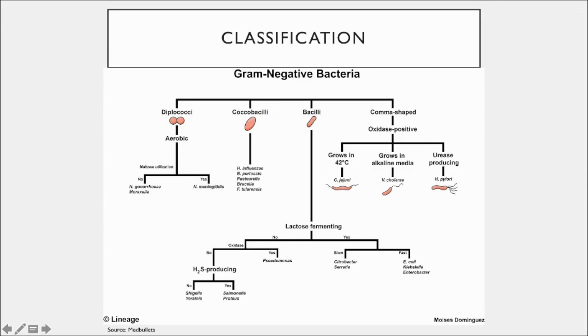But the gram-negative rods or bacilli are going to be the heavy hitters when it comes to gram-negatives. This includes your Pseudomonas, your E. coli, Klebsiella, as well as your Salmonella and Shigella species. Really, again, the key distinguishing factor is going to be that lactose fermentation.